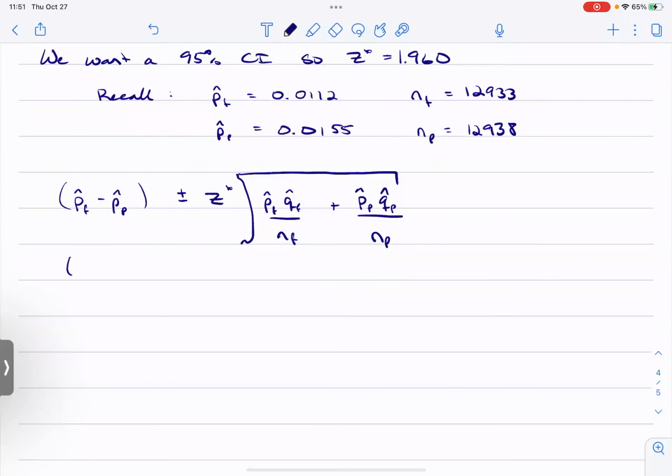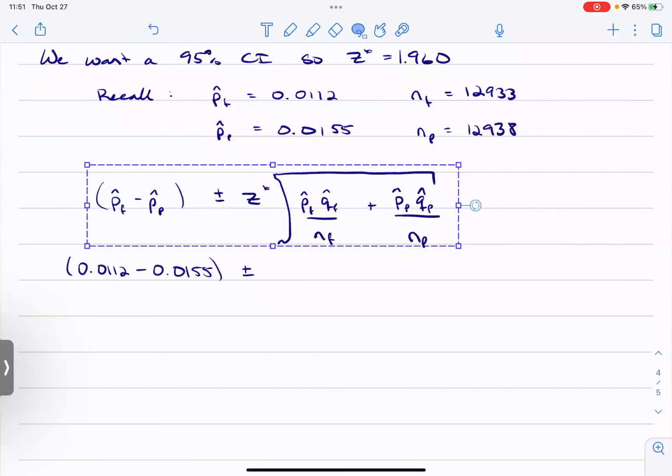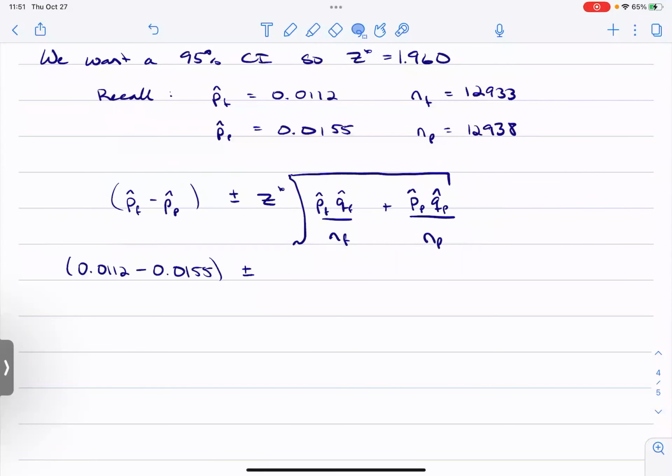So now I have 0.0112 minus 0.0155 plus minus, and just so I'm stacking my plus minus, I'm going to make a little adjustment there. We said 1.960.